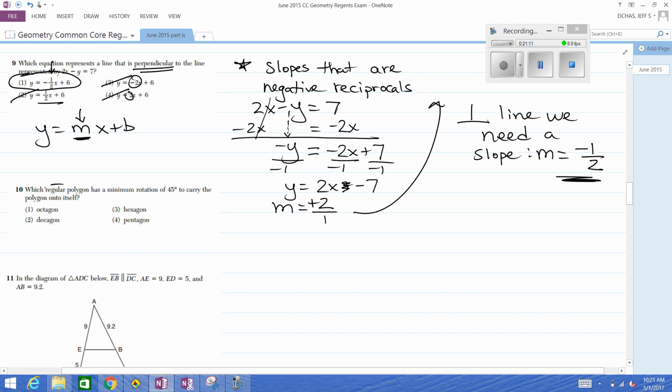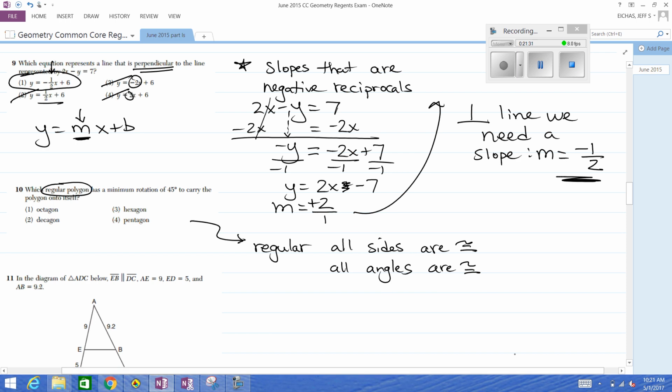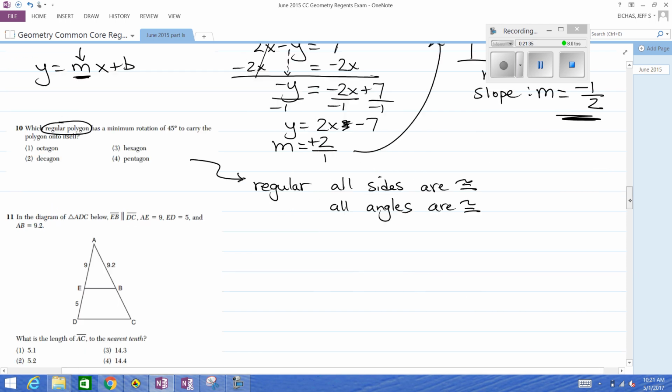All right, which regular polygon? So regular polygon means all sides are congruent to each other, and all interior angles in the figure are congruent to each other. Carrying onto itself is another topic too.